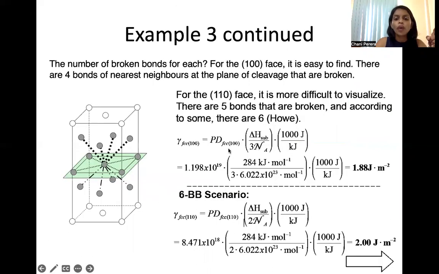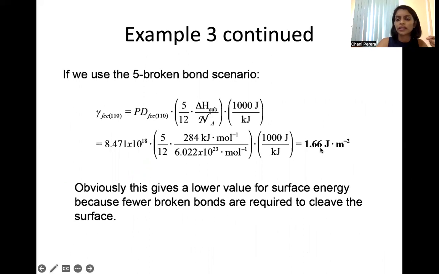And for 100, we are going to have 1.88 joules per square meter. And for 110, there are 2 scenarios: either 2 or the other is 1.66. Let's see.